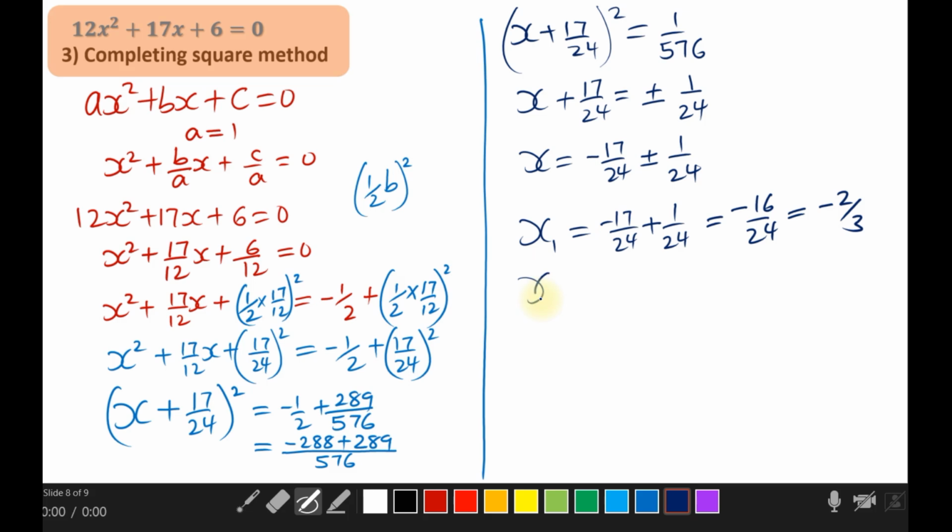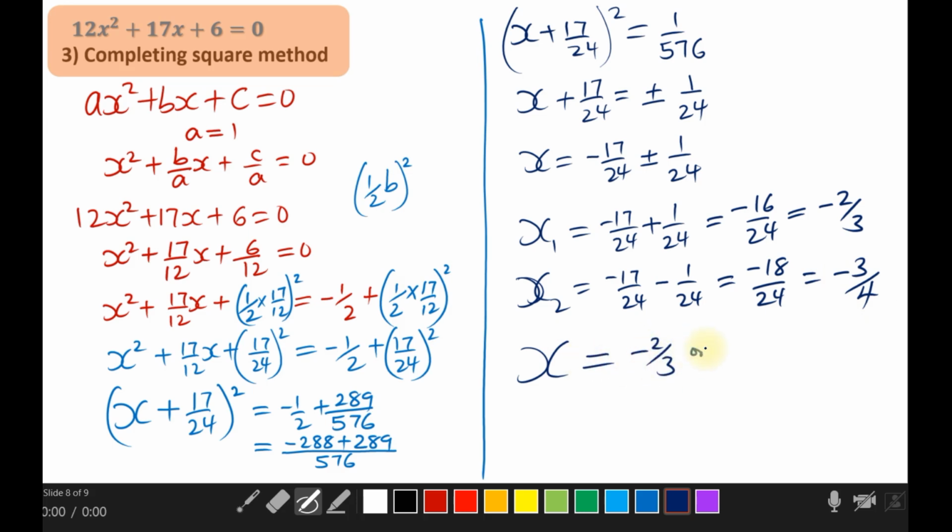The other case would be minus 17 over 24, now we take the minus sign, minus 1 over 24. The same case, minus 17 minus 1, that is minus 18 all over 24. In simplified form, that is minus 3 over 4. Therefore, x is either minus 2 thirds or minus 3 over 4.